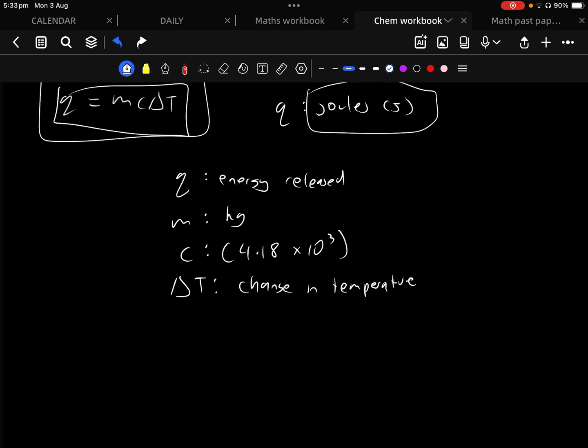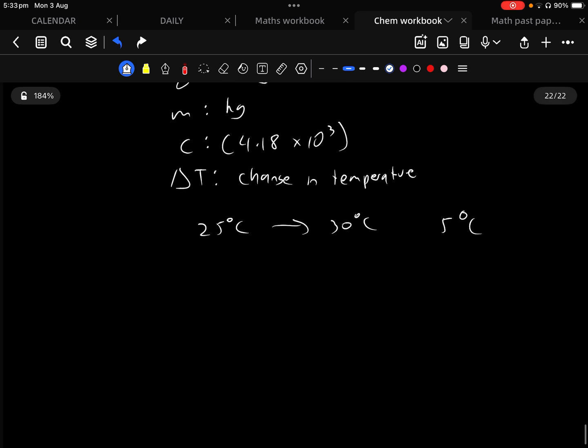For example, if we want to calculate the change of temperature from 25 degrees Celsius to 30 degrees Celsius, it will be just 5 degrees Celsius in difference, right? But let's say we convert Celsius into kelvins.